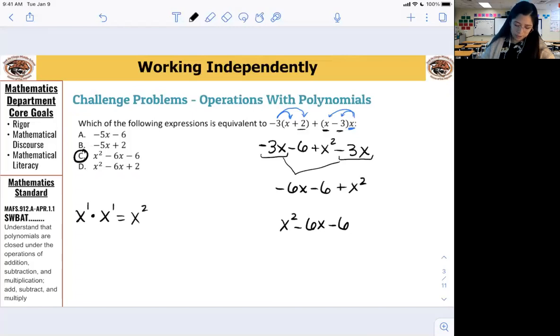That's different than 2 times x, which is 2x. When you multiply any number times itself, you get an exponent of 2. So that's a common mistake. Does anyone have any questions on that?